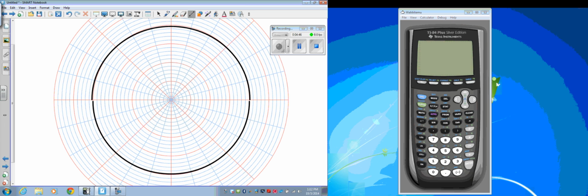And what I'm calling this is the distance from here up here. That radius is 1 unit.